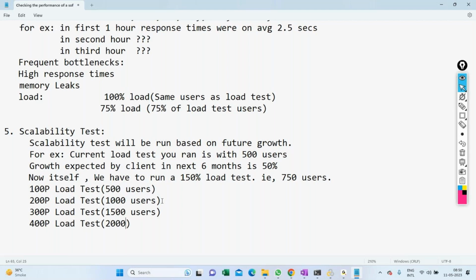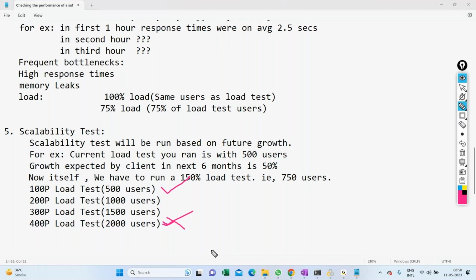So why we don't do a 400% load test directly: assume that we have already done the common tests. Now, because of the pandemic, the client is asking us to do this testing. But we cannot do this directly, because if we run this test and the application crashes, or something goes wrong here, then will you be able to tell whether the application can withstand 200% and 300%?